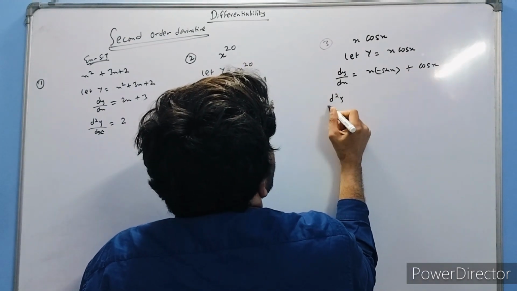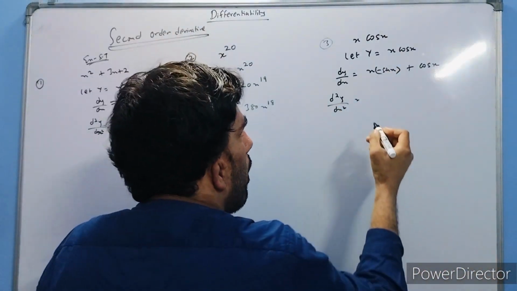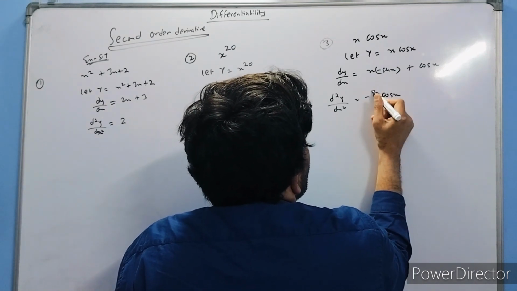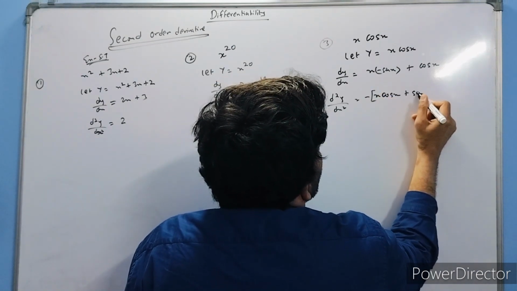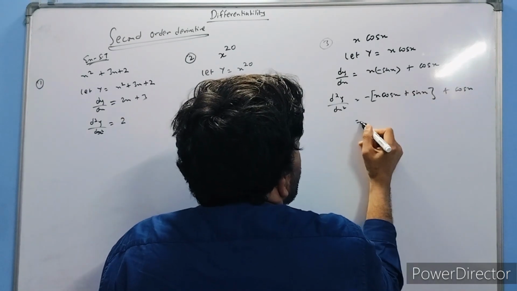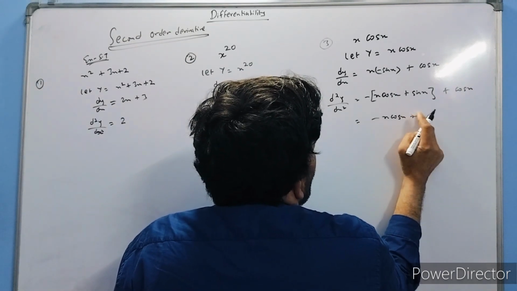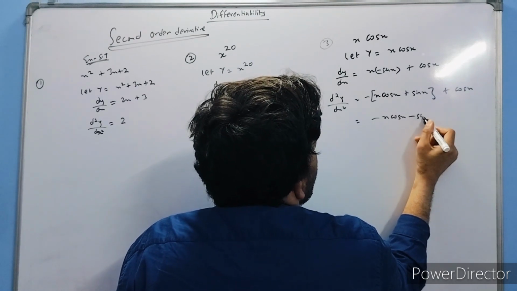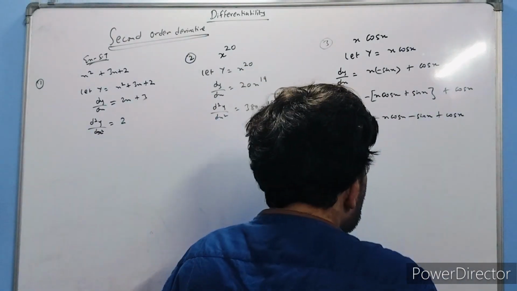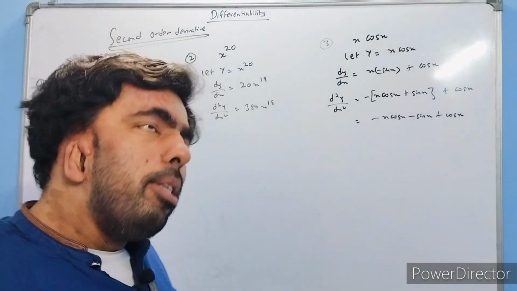Now again differentiate it, applying the product rule: x into differentiation of sin x, which is cos x, plus sin x into differentiation of x, which is 1, plus cos x. So we get minus x cos x minus sin x minus sin x plus cos x. That is how we try to find the second order derivative.